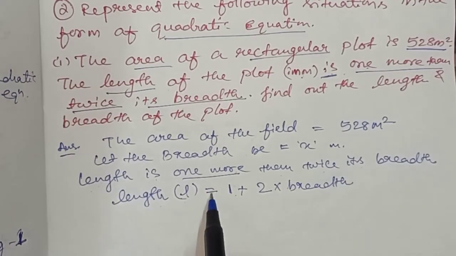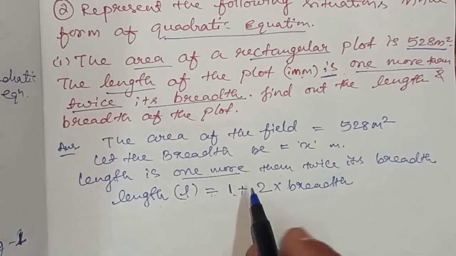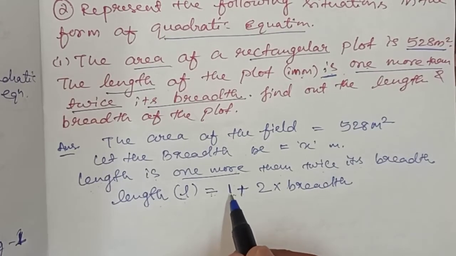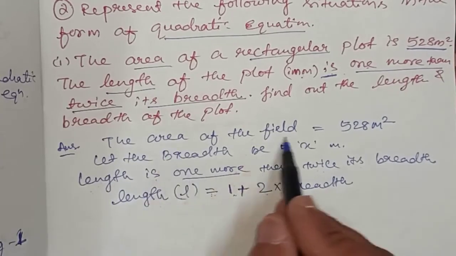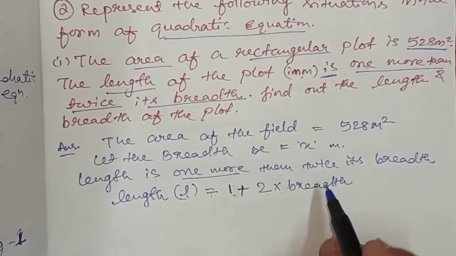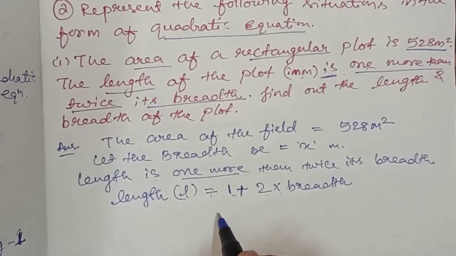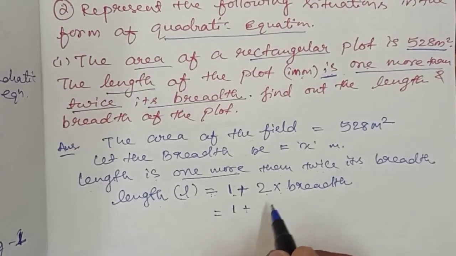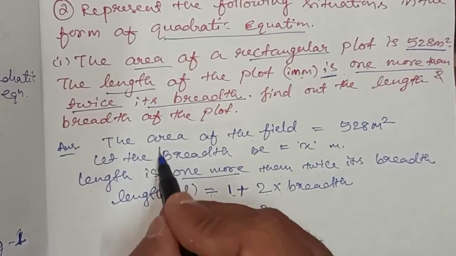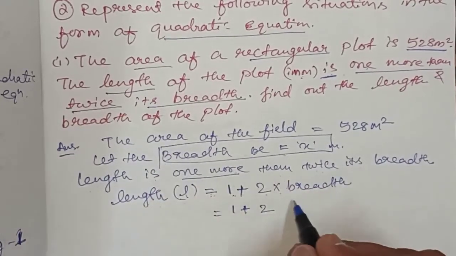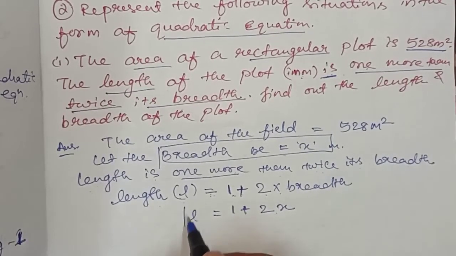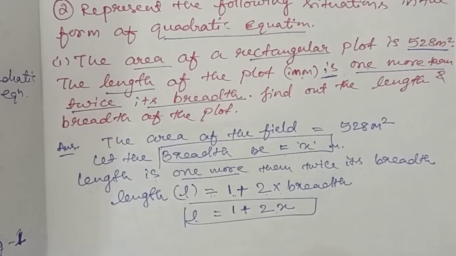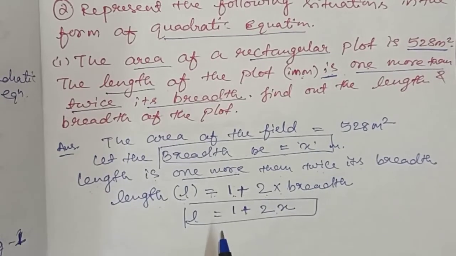Twice its breadth means 2 into the rectangular field's breadth. Breadth is x here, so in place of breadth I will write x. So length I got 1 plus 2x. So this is the situation we have represented.